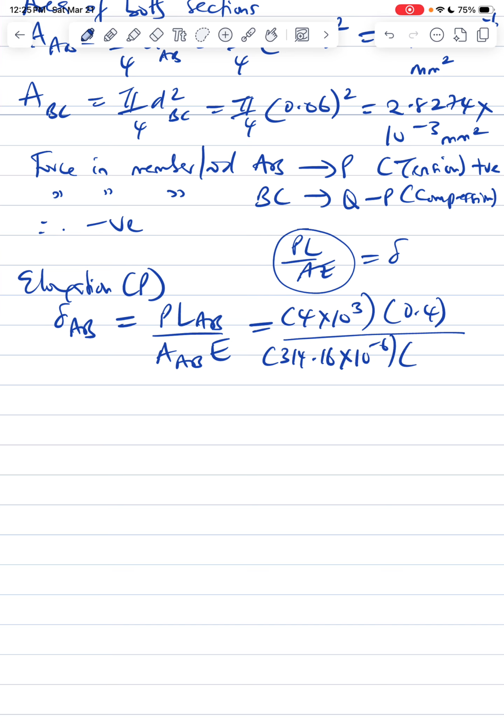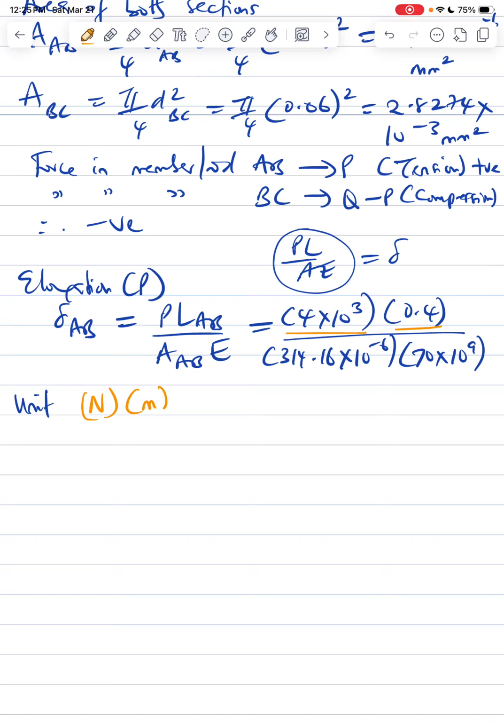Then the Young's modulus was 70 gigapascal, which is 70 times 10 raised to the power 9 pascal. Now, just to put things in perspective, before we compute that, let's look at the units. 4 times 10 raised to the power 3, that is in newton.